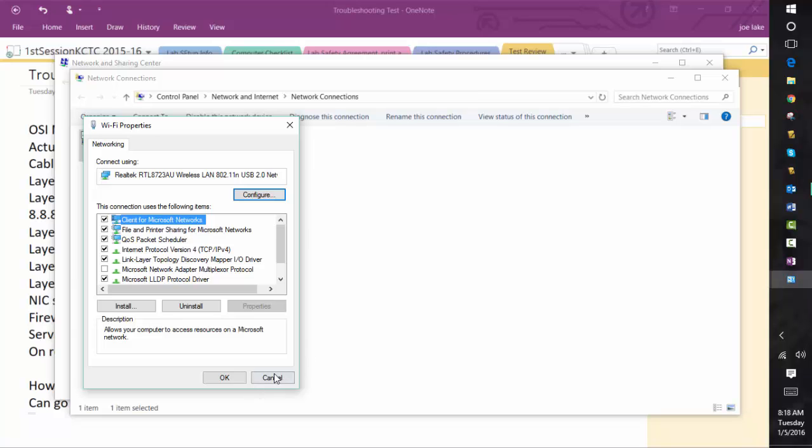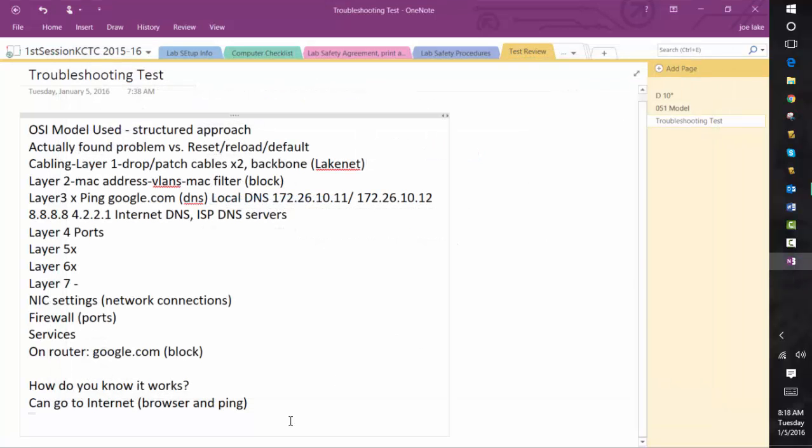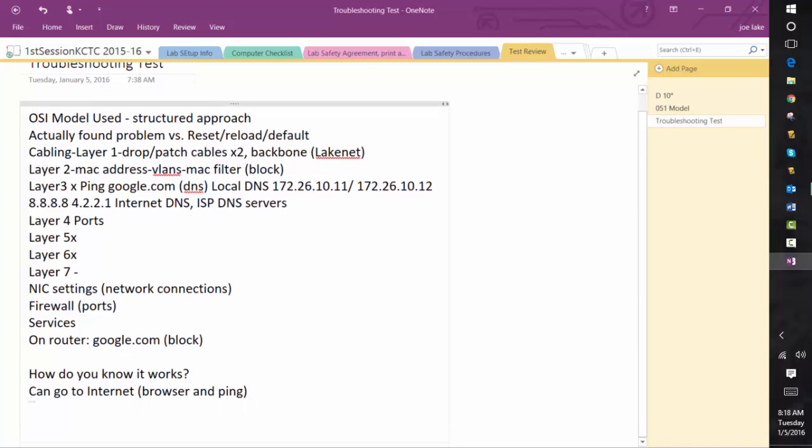So how do you know it works? One thing is it goes to the internet, and you can ping, and you can also browse. I don't really like browsing because it takes too long, but you can browse the local network or use the UNC path. So you've got to use the UNC path.